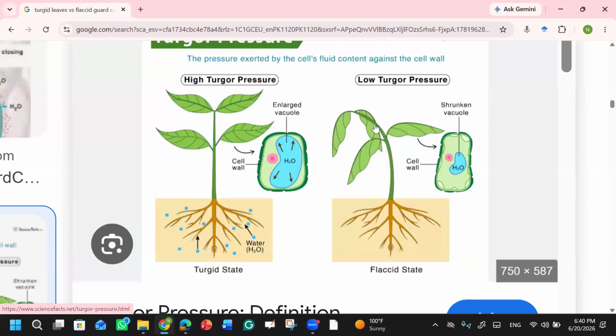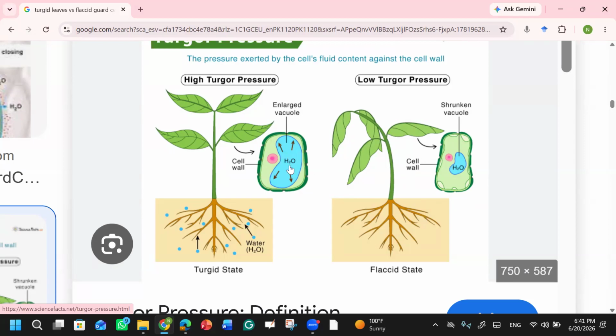Turgor means more turgidity. But on the right side, you see low turgor pressure. Why is there low turgor pressure? Because these leaves lose water. Can you see the difference between these two cells?